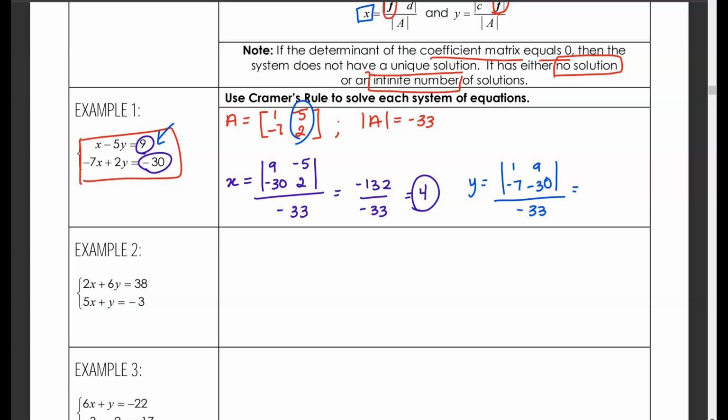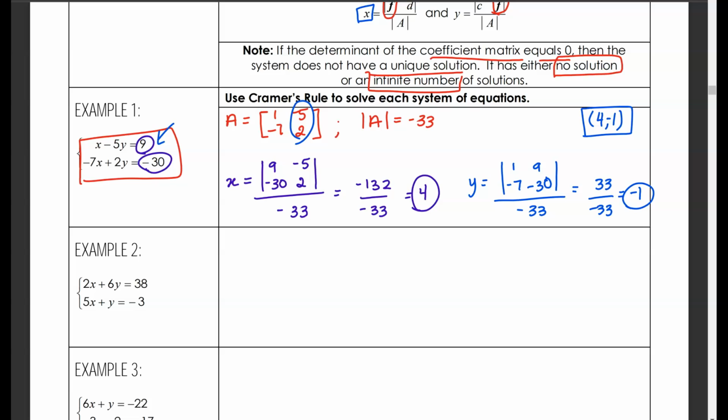So 1 times -30 plus -7 times 9 gives us a positive 33 over -33, which gives us -1. This tells us that the solution to this system is 4, -1.